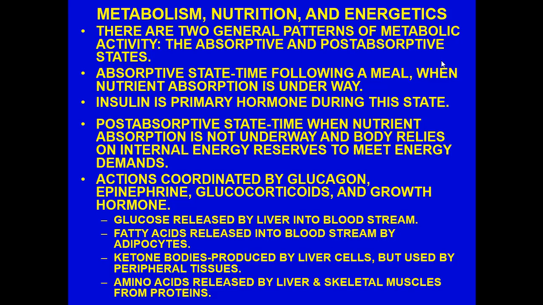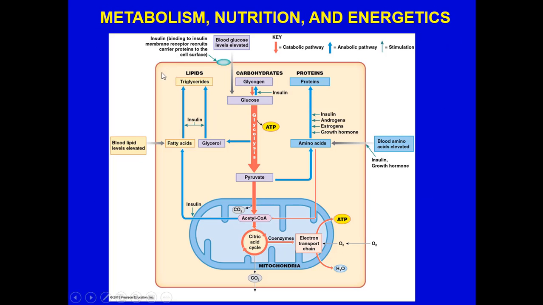Ketone bodies are produced by the liver cells but are used by peripheral tissues. Amino acids are released by the liver and skeletal muscles from proteins that are broken down. And you can see all of this as it occurs. Okay, that looks nice. When we need these fuels, we can break them down.